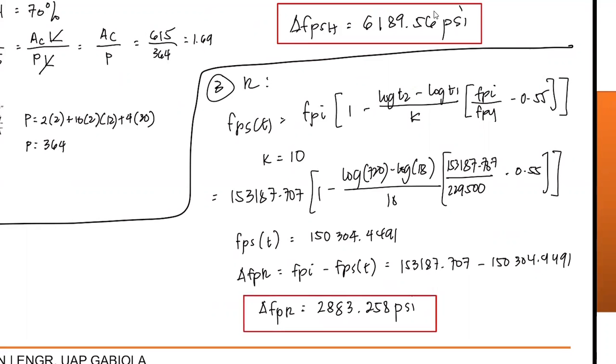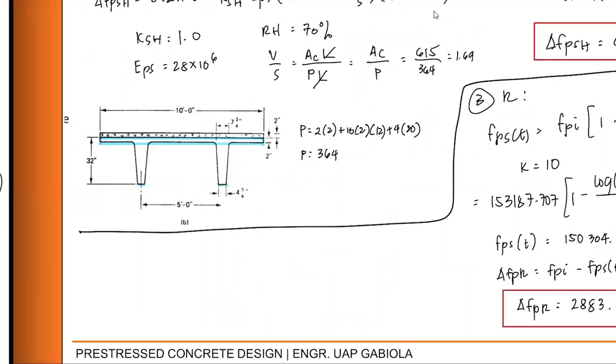Okay? So, pag pinahanap yung total ngayon, we can calculate now the total for the second stage. So, we have FPT equals to yung sa ating creep, o sa ating shrinkage, and then sa ating relaxation, FPR. Okay?